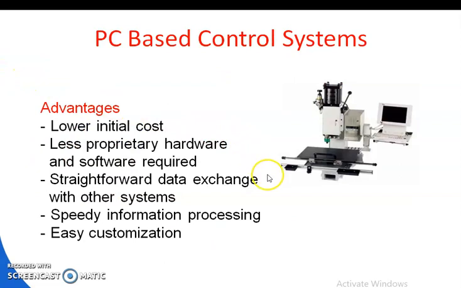Then PLC based control systems. How will the PLC operate, due to the introduction of programmable logic controllers. The advantages: the PLC has a lower initial cost, less proprietary hardware. Third one is straightforward data exchange with other systems.